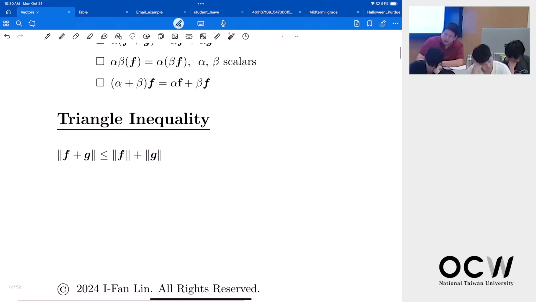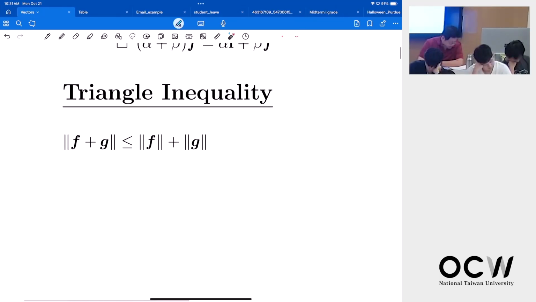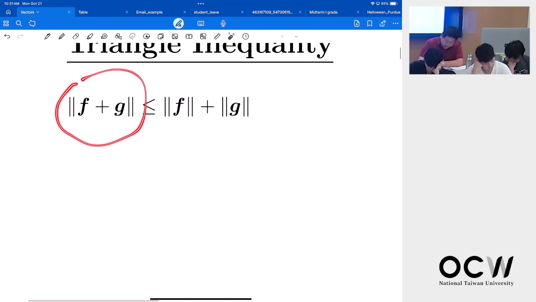Next one, the triangle inequality. So how do I express this in math?